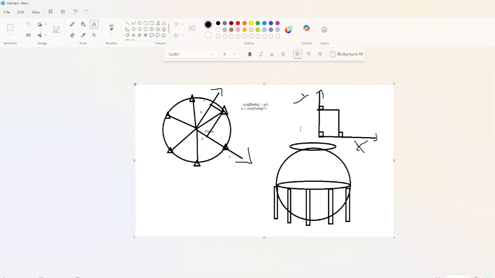So A equals cosine theta times C. And what this equation is going to give us is the x coordinate for this point. You can see cosine theta is A divided by C, but we also multiply the C again, which gives us the A.